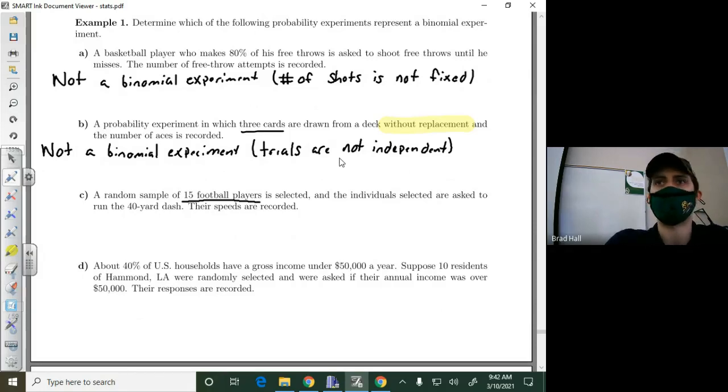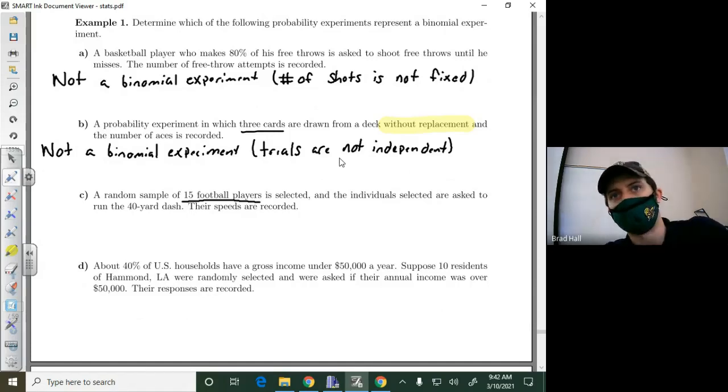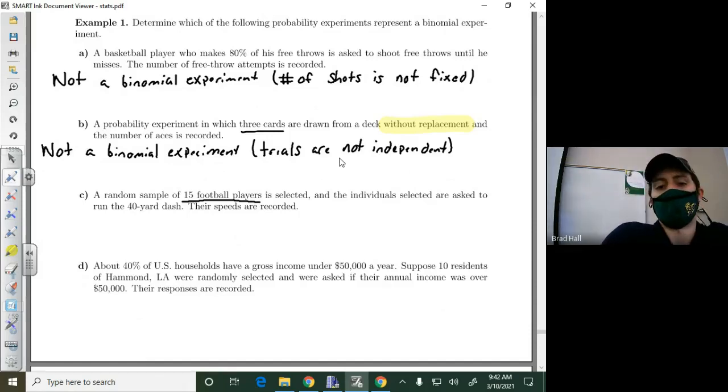Speed is not a discrete variable. It's continuous. There's no success or failure. Generally, if you're a football fan, you might know that a very good 40-yard dash time would be 4.4, 4.6, 4.8, with slower speeds up to the 5-second times. But there's not really a success or a failure. Where does that threshold lie? So this would not be a binomial experiment.